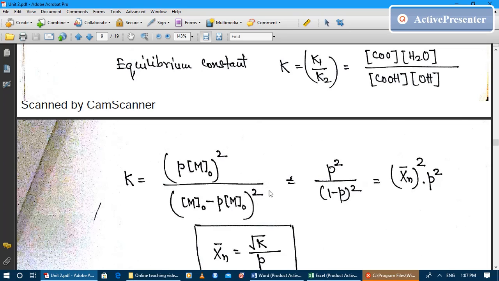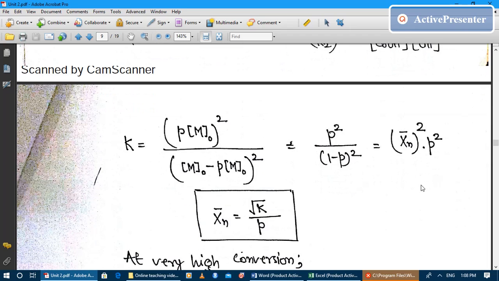So if you take out the M naught as a common factor, it will be cancelled out, and this will be p square over (1 minus p) whole square. And we know that 1 over 1 minus p is nothing but Xn bar. So it will be square of Xn bar multiplied by p square, where p is the conversion I have already explained.